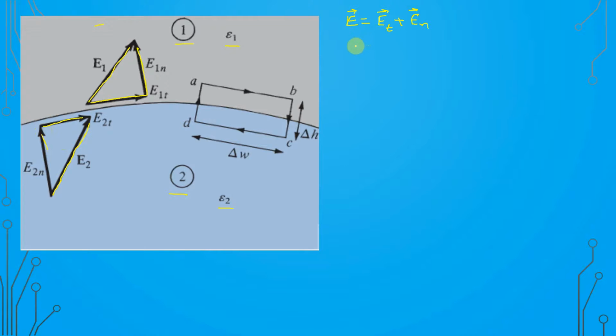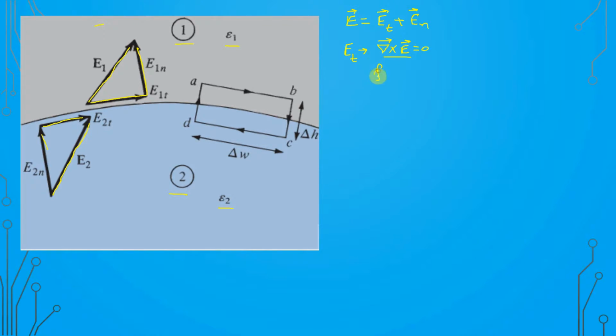Now remember this simple trick. To find out the tangential component, we always use the curl of that field. We are dealing with electrostatics, so the curl of electric field will give us the tangential component. We know that del cross E is equal to 0. This is the differential form.